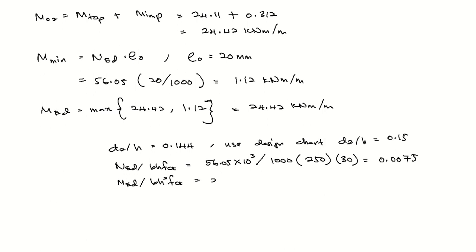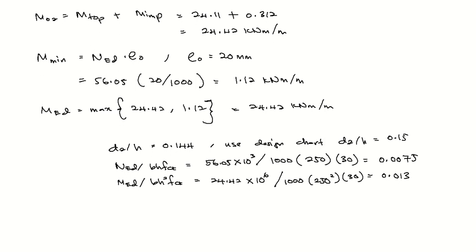And then you also need MED over BH square FCK. Your MED is 24.42 times 10 power 6, because it is kilonewton meter. For NED it is just kilonewton, for MED it is kilonewton meter, so times 10 power 6, divided by 1000 times 250 square times 30. This will give you 0.013.